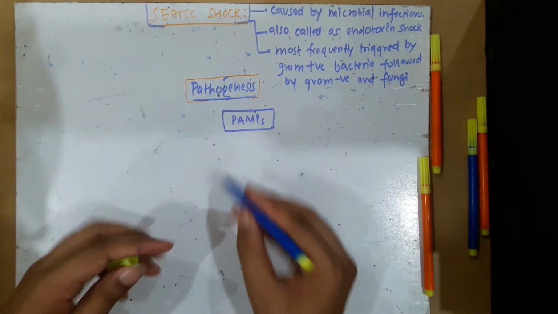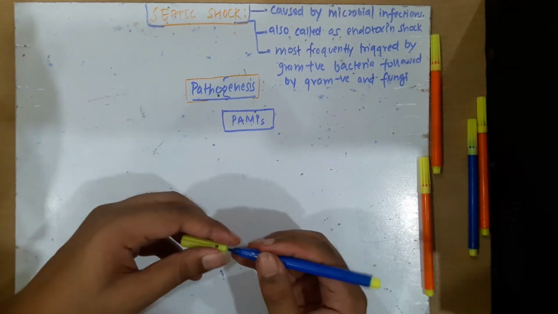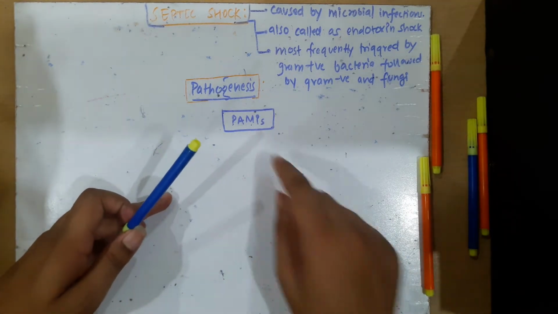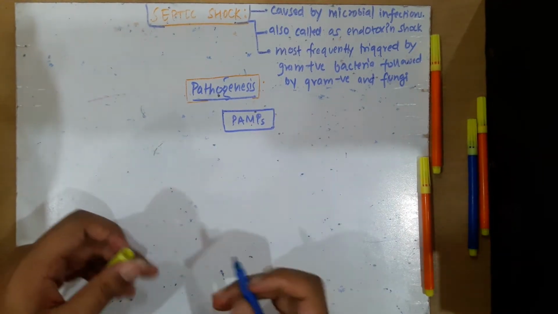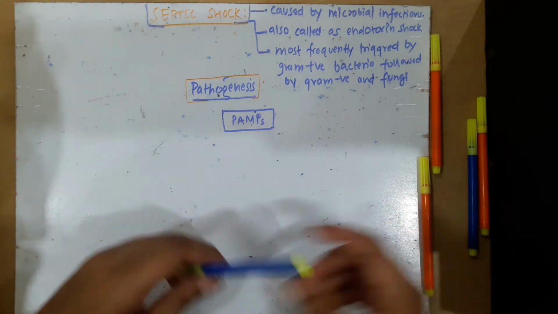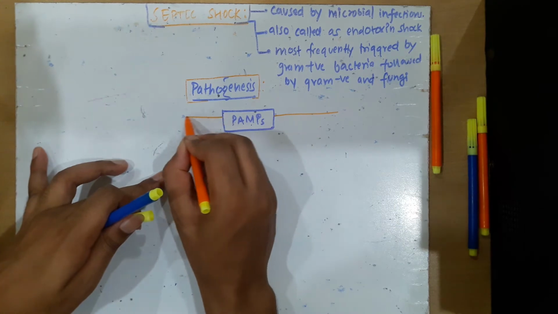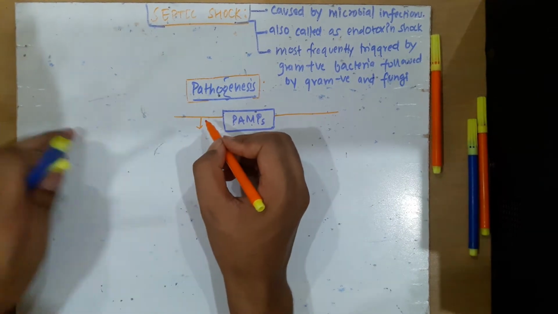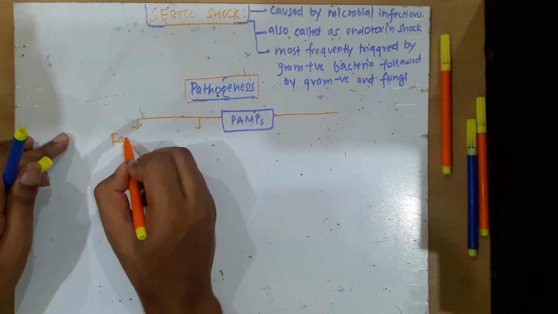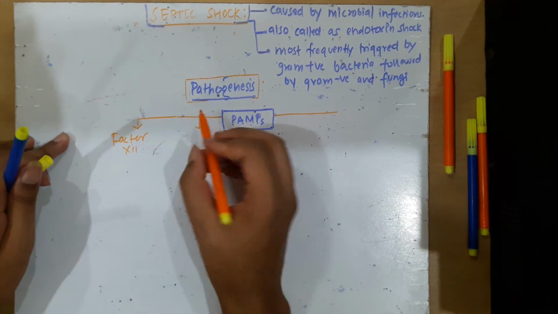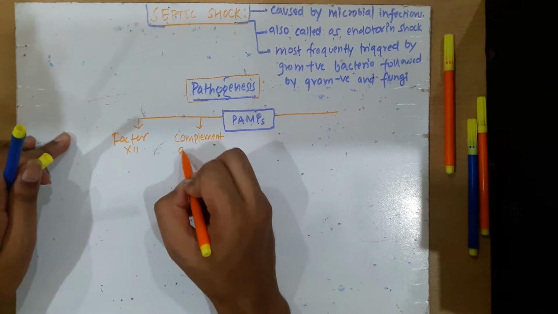PAMPs. This is pathogen associated molecular patterns. We'll discuss about this while discussing the topics, or I'll write somewhere over here. Factor 12, complement activation.